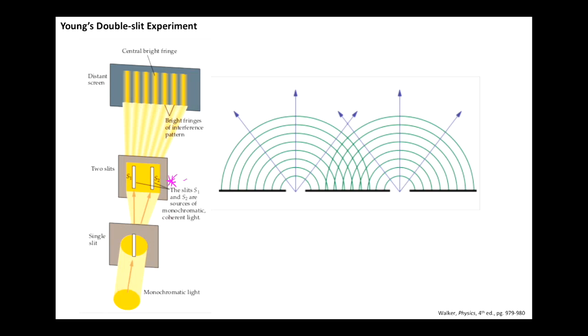If we look at that from the top, essentially what happens is a situation like this. Each one of them acts as a source where light rays spread out in all directions. One thing that I didn't tell you is that this thing has a name.